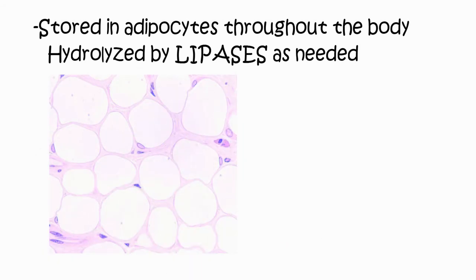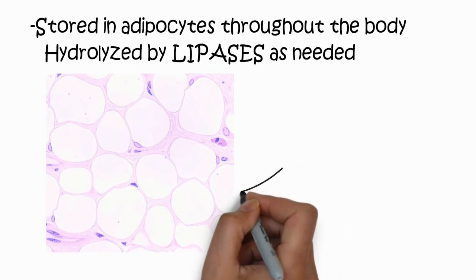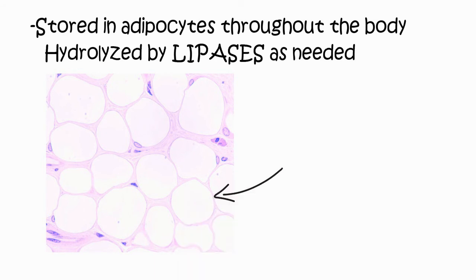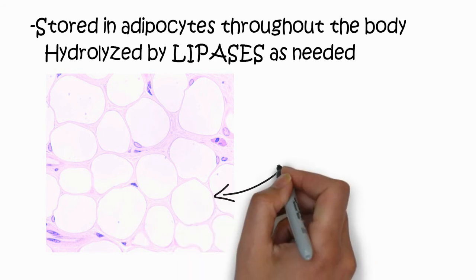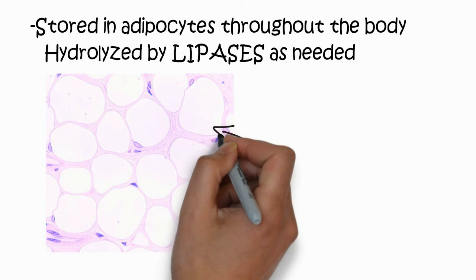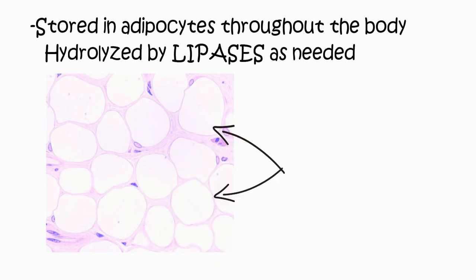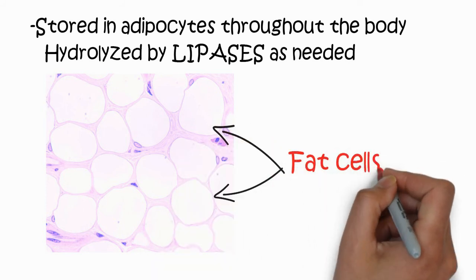In this figure, you can see the wide balloon structures surrounded by the tissues and the small nuclei. These are the adipocytes or the fat tissues. So these white balloons are usually called fat cells or adipocytes.